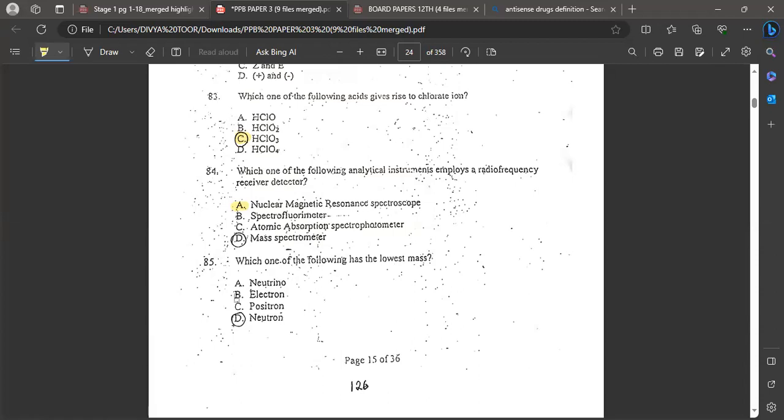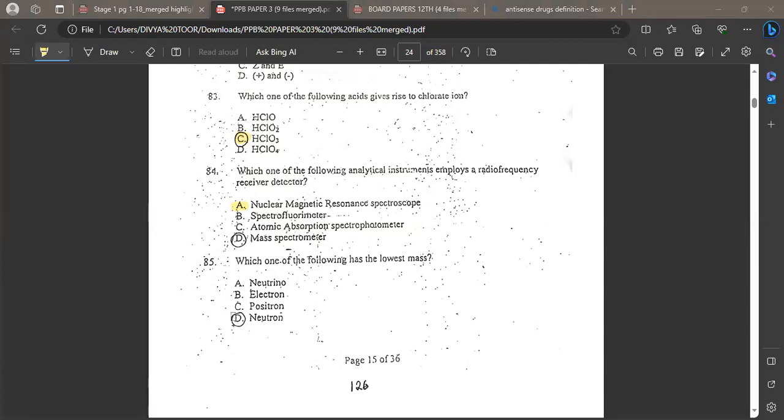Okay, which of the following has the lowest mass? It's an electron, right? Neutrino. A neutrino. Okay. Why is it neutrino? Neutrinos are almost weightless, but they do weigh a little.